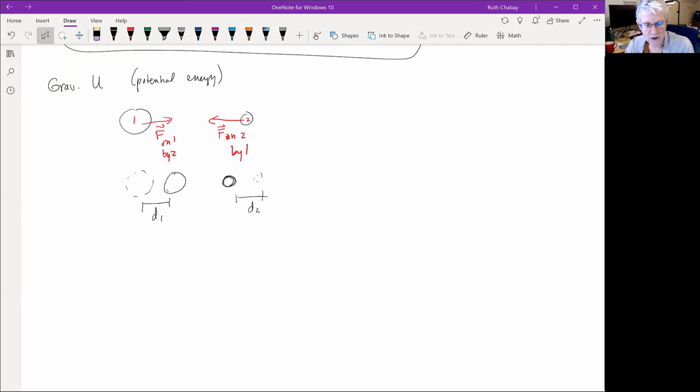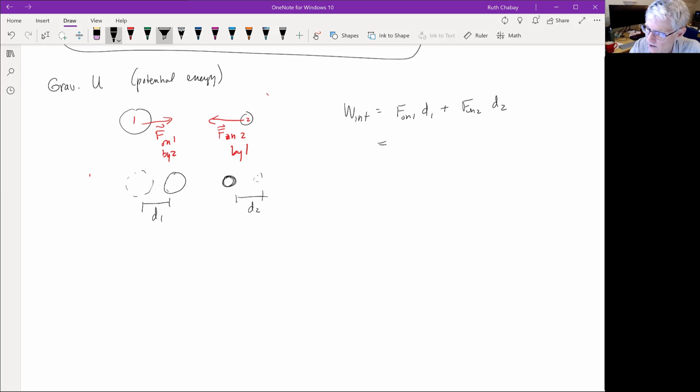So the relative distance between them, so the work done, the internal work, if we take both of these things as the system, the internal work is just going to be F on 1 times d1 plus F on 2 times d2, but we know that these forces are equal and opposite.